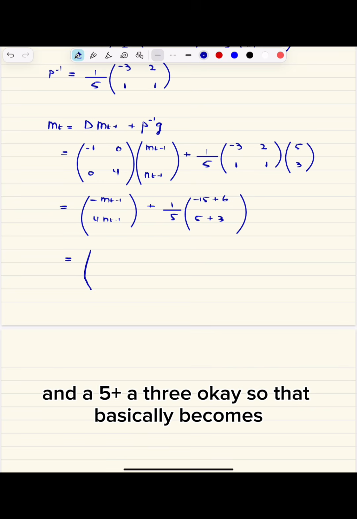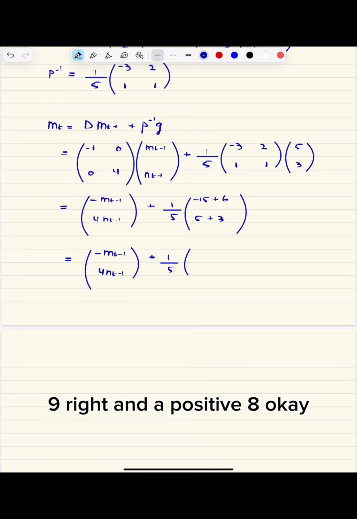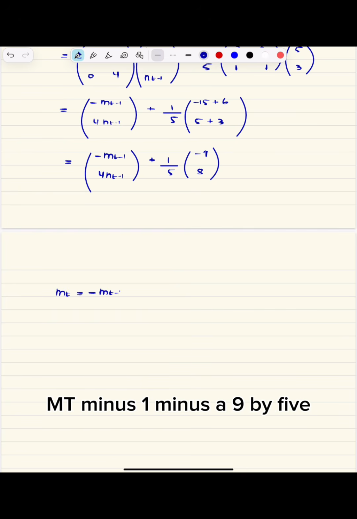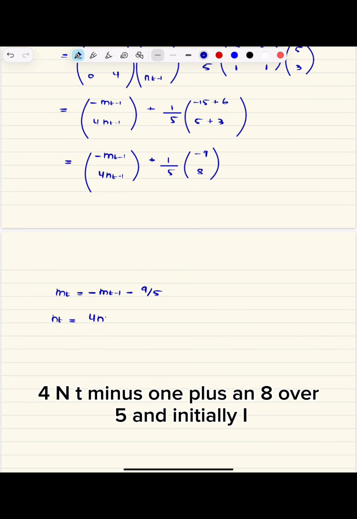So that basically becomes negative 9, right? And a positive 8. Okay. So basically, m_t is minus m_{t-1} minus 9/5. And we have n_t equals 4 n_{t-1} plus 8/5.